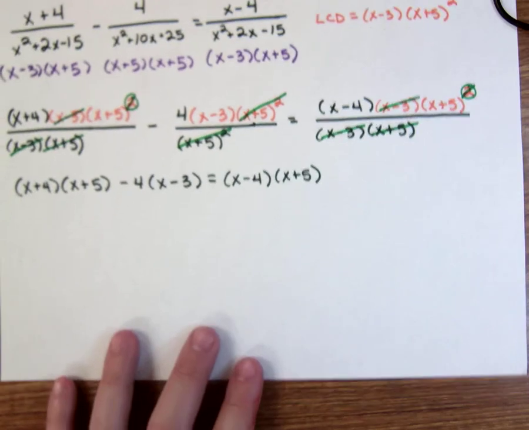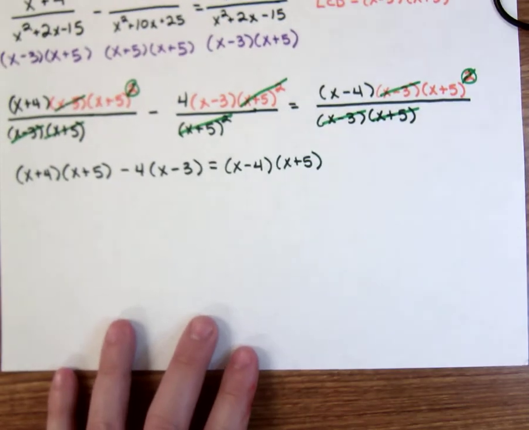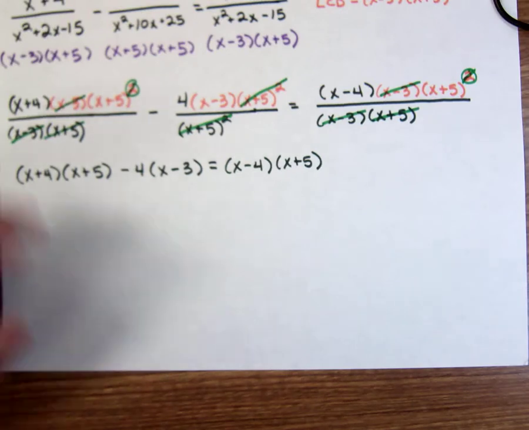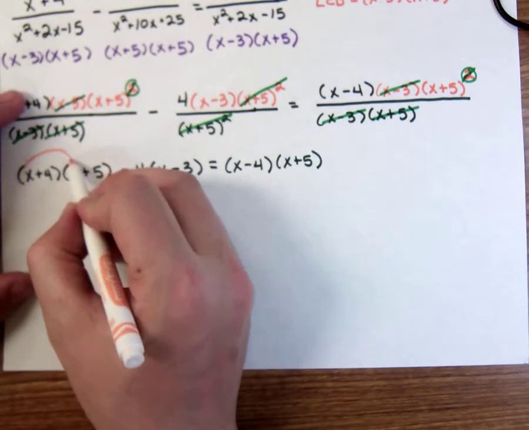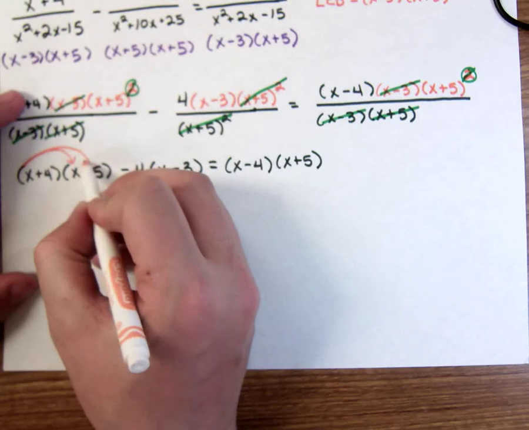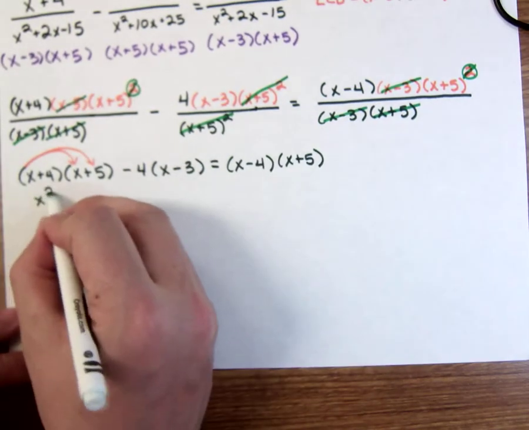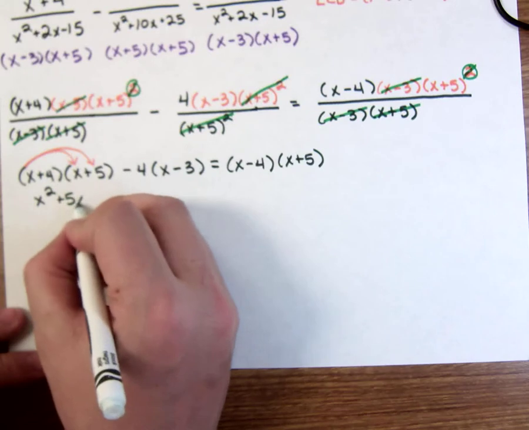Okay, so just like all the previous problems, we're not done. We've got some algebra to do. And in this case, it's some pretty disgusting algebra because we've got some serious distributive property we're about to do. But no fractions. So let's distribute. We'll do x times x and x times 5. That'll give me x squared plus 5x.